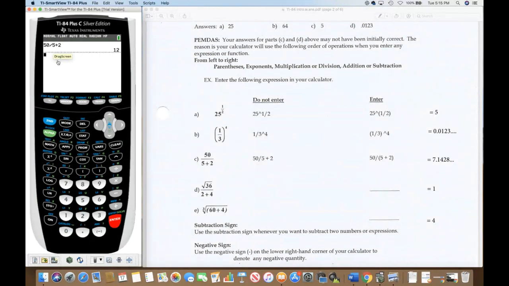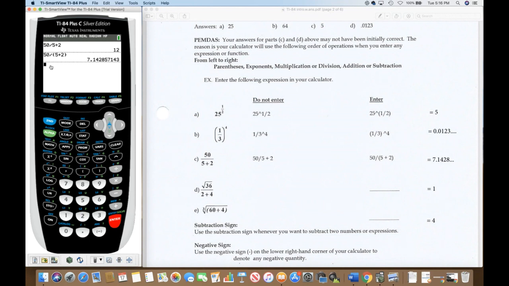The way we can get around that problem is to use parentheses around the 5 plus 2. So I'm going to go ahead and enter that again, but with parentheses: 50 divided by parentheses 5 plus 2 close parentheses, enter, and I got 7.142, the correct answer.